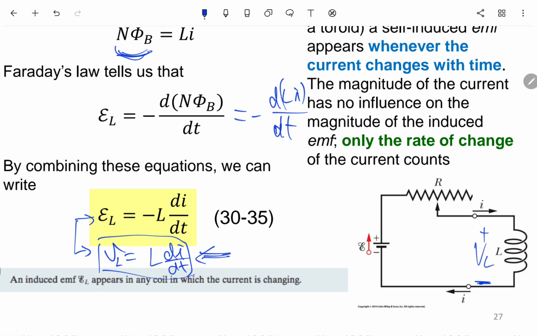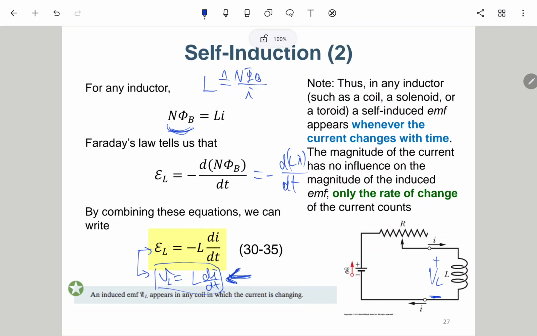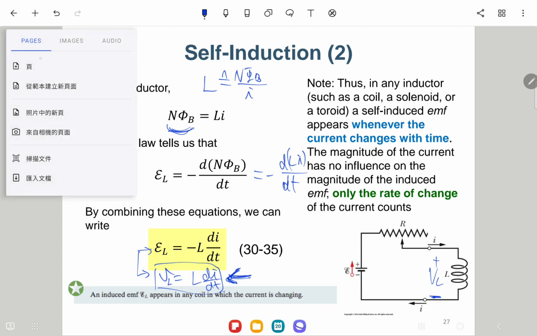So that's why in circuit theory we usually use V equals L di dt rather than the EMF with a negative sign. In such a way we have all positive signs, and it will be easier to handle.